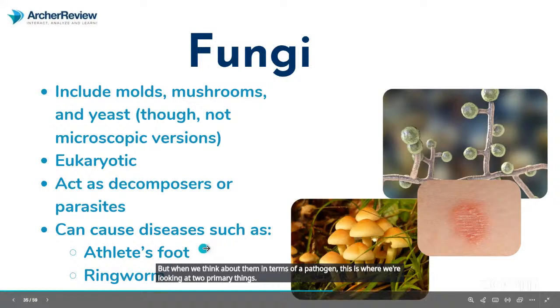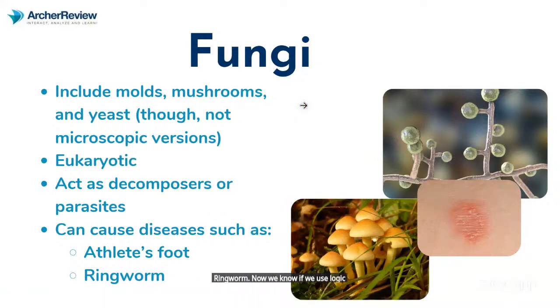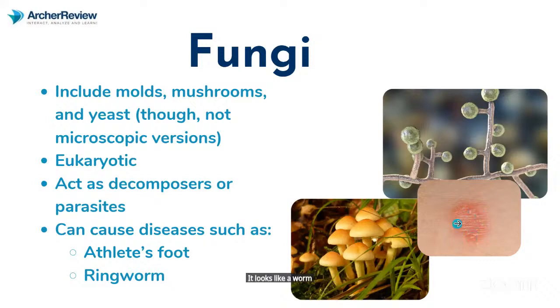Something like athlete's foot, and then look closely at this, ringworm. Now we know, if we use logic, fungi is not a worm, but yet there's a disease called ringworm. It's because when it was first discovered, if you look where my cursor is, it looks like a worm underneath the skin. And so they gave it that name and it just kind of stuck.